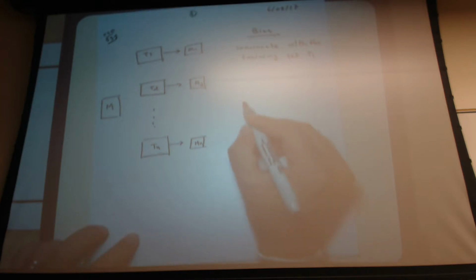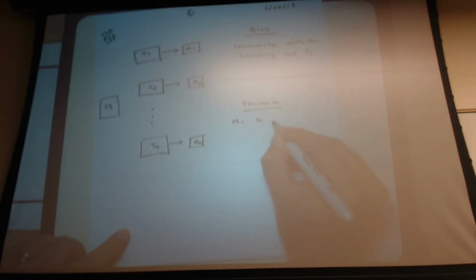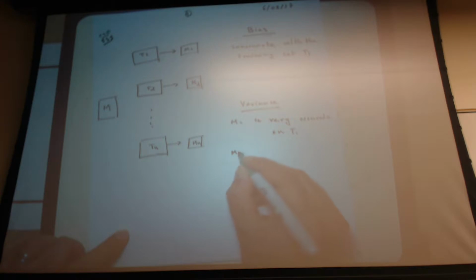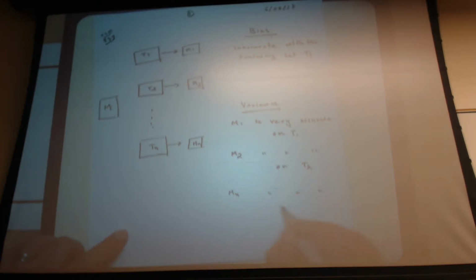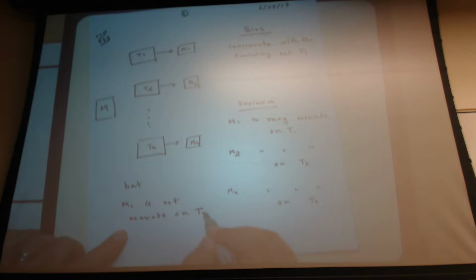Now what is variance? Variance means that machine M1 is very accurate on T1. Machine M2 is very accurate on T2. And Mn is very accurate on Tn. But M1 is not accurate on Tn.